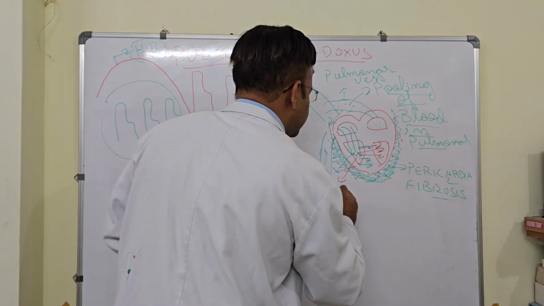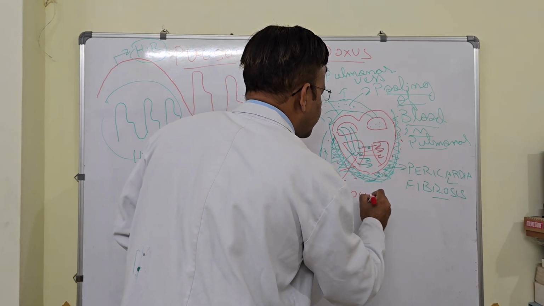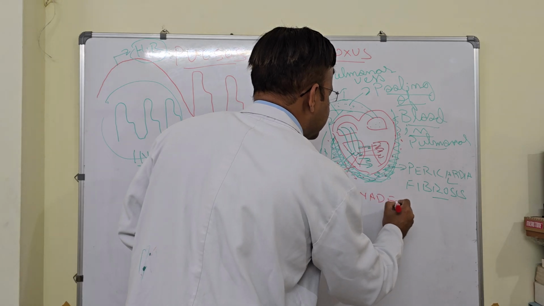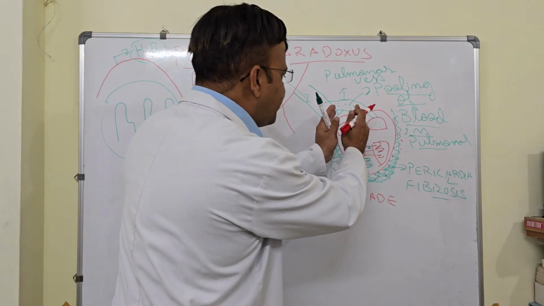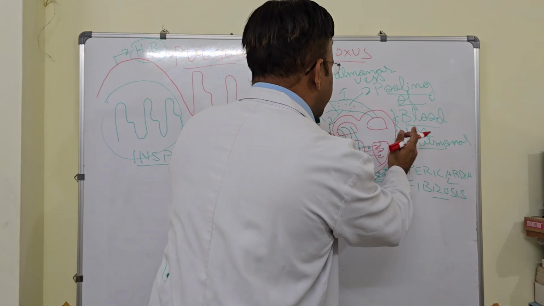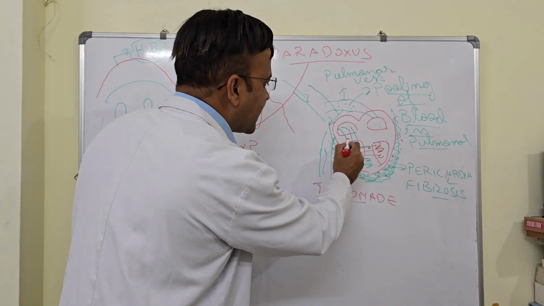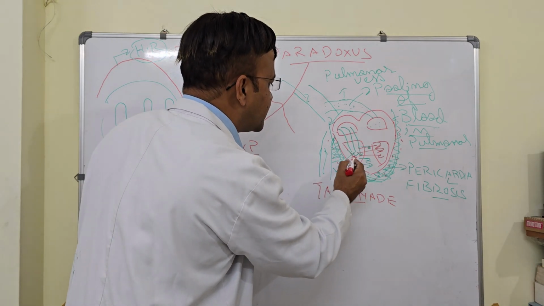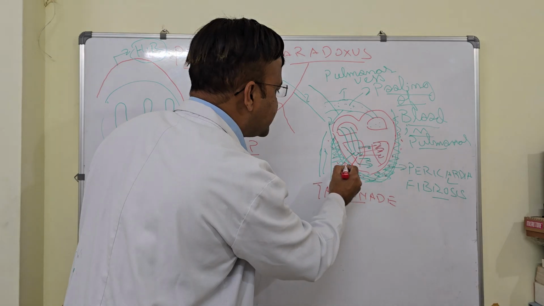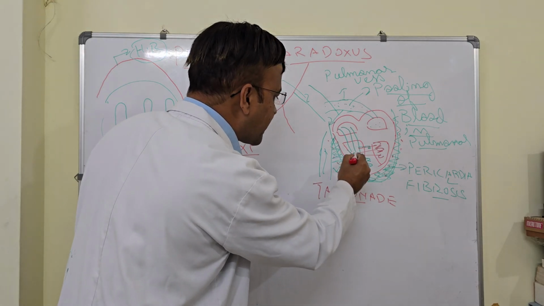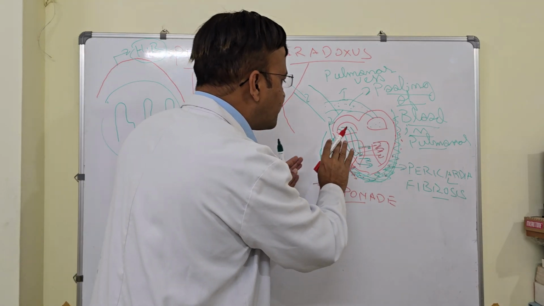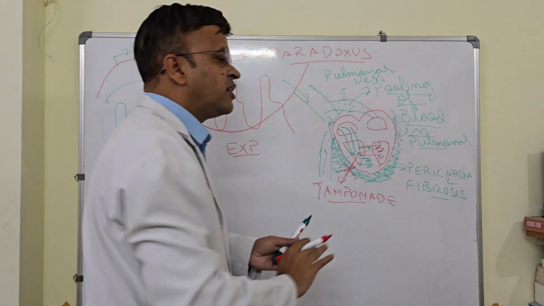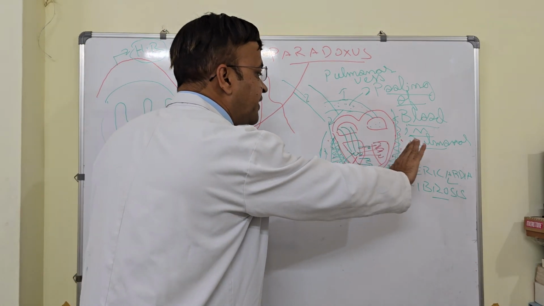But in that condition, when it is surrounded either by fibrosis or by extra fluid, what are we going to see? That this heart has got now even less space to expand. Now if this right ventricle gets filled with extra blood, it can't expand in this direction now. It can't expand outside. So the whole force of expansion will be on the left ventricle.